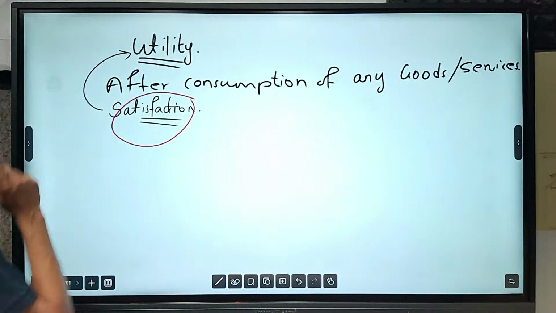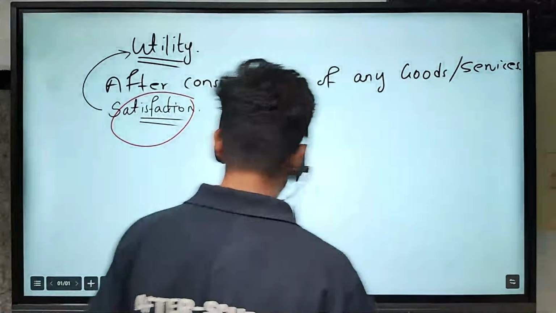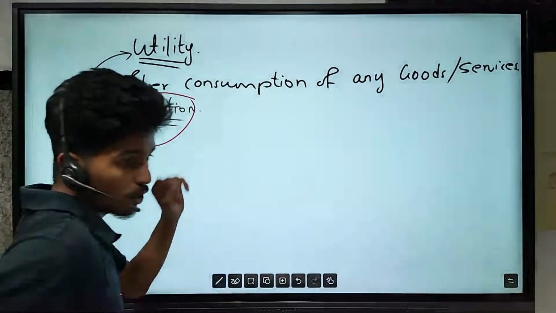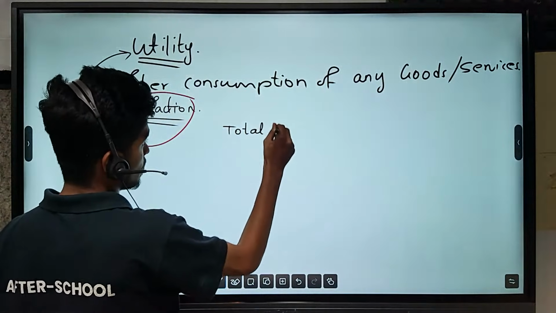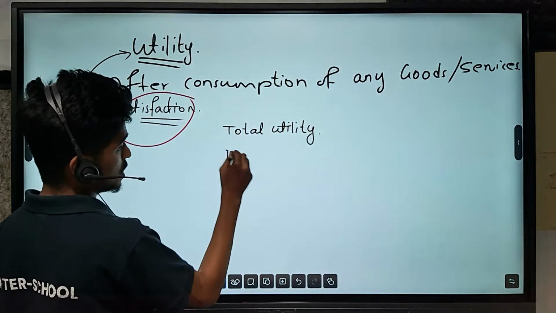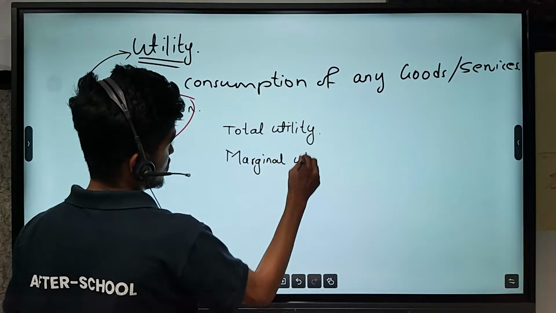Now certain things are derived from utility. So there is a concept of total utility and a concept of marginal utility. These two concepts must be remembered.